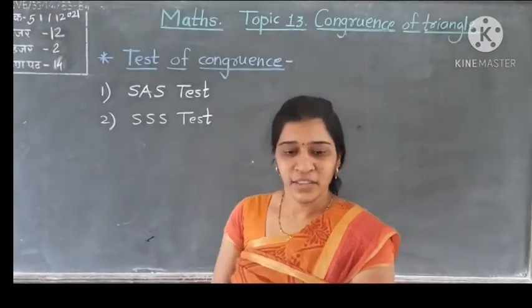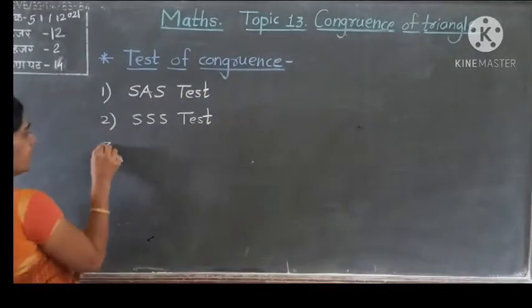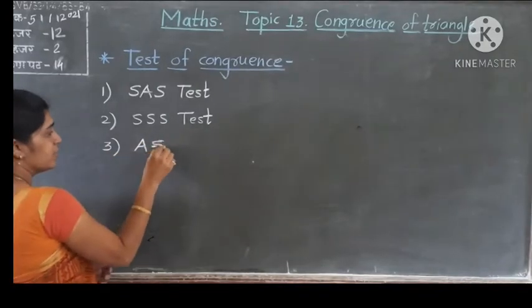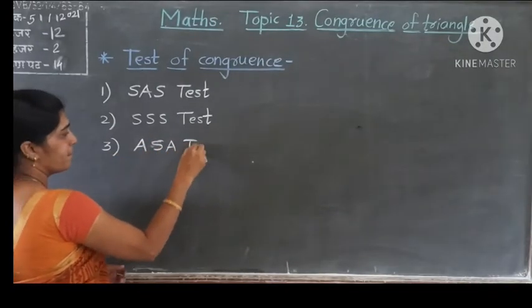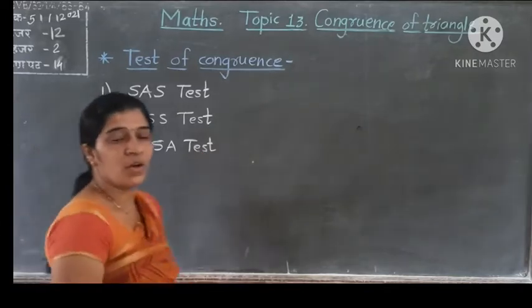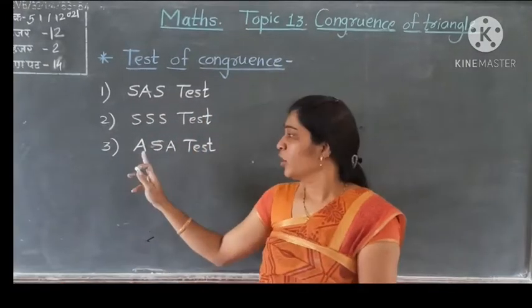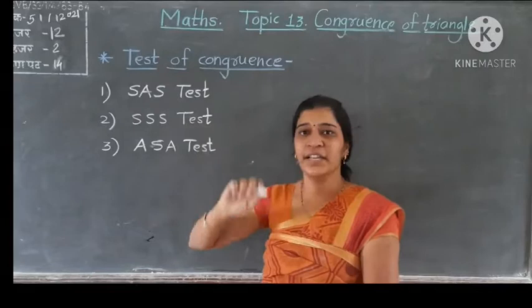Okay, and then the third test we had seen is the ASA test. What is the ASA test? Two angles and included side.